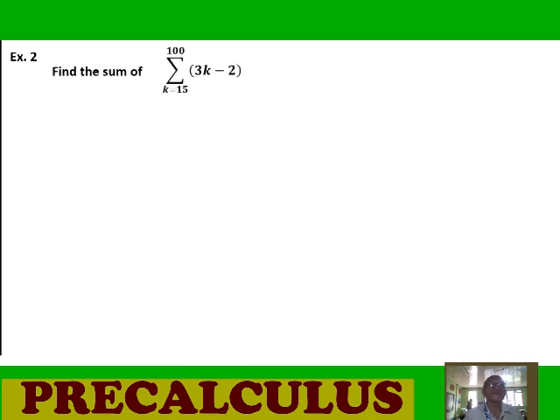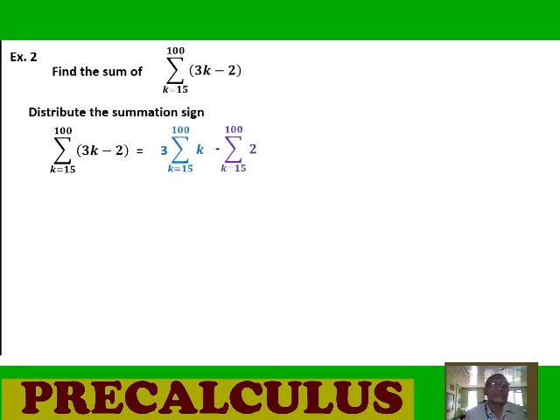Find the sum of summation of 3k minus 2 as k starts from 15 to 100. We can make use of the distributive property. Distribute the summation symbol with 3k and negative 2. 3 is moved before the summation symbol, making use of the property that you have learned.